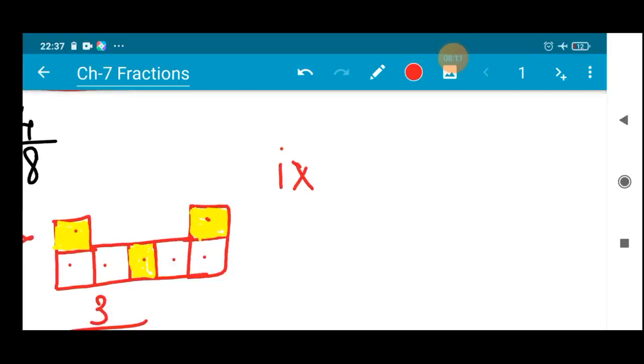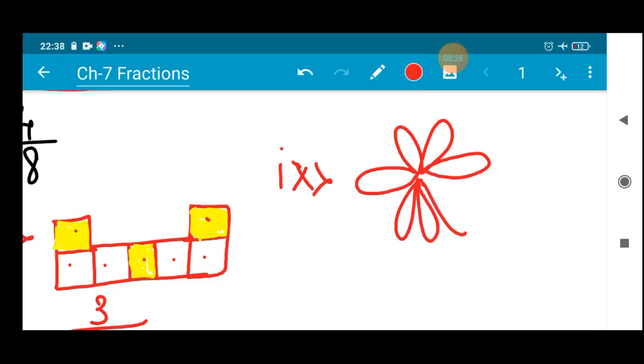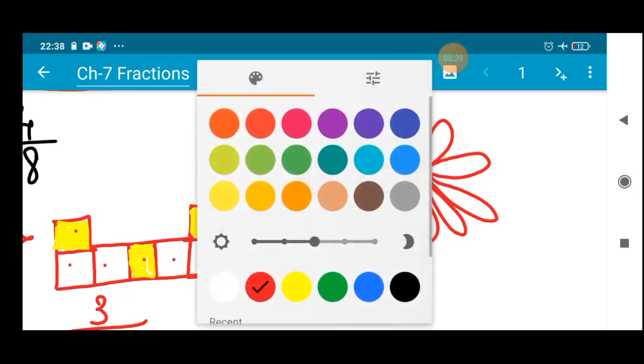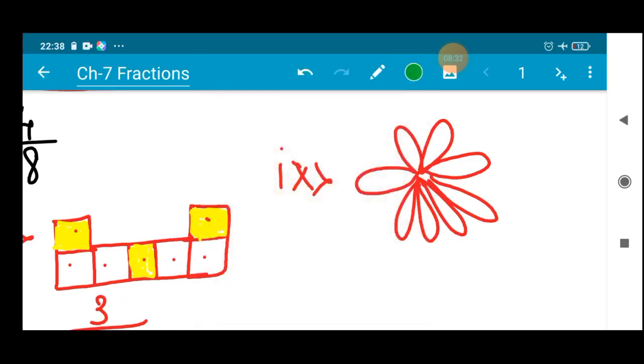So I am doing number 9. Number 9 we have is flower petals. We have 1, 2, 3, 4, 5, 6, 7, 8, like this, right? And let me color with green.